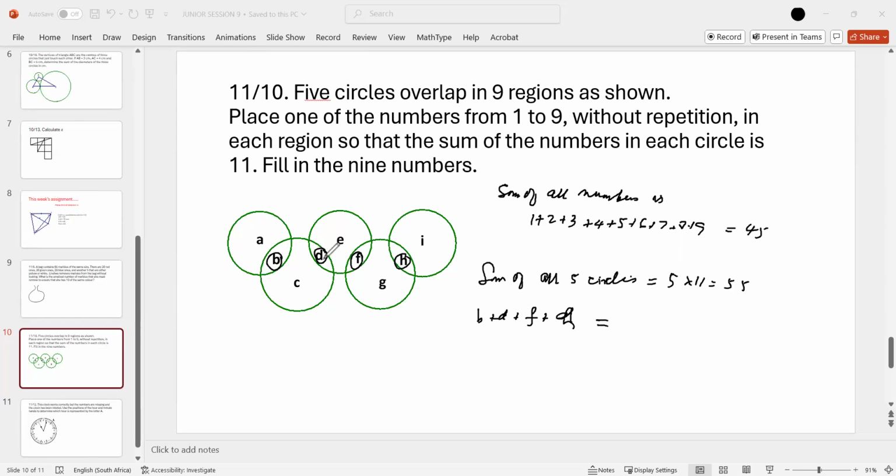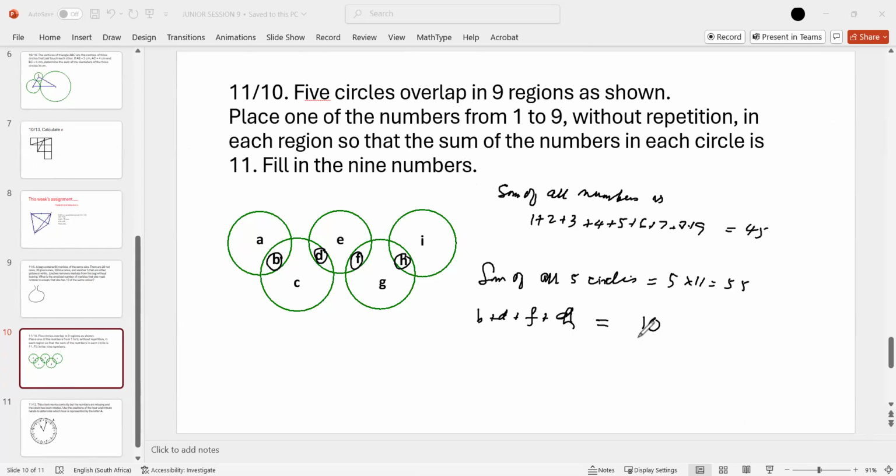So if you add up what do you get? You get 10. Because you get 45 if you don't count them twice, and then if you add those 4, you are calculating the sum of all the numbers in the 5 circles. So it has to be 45 plus 10.